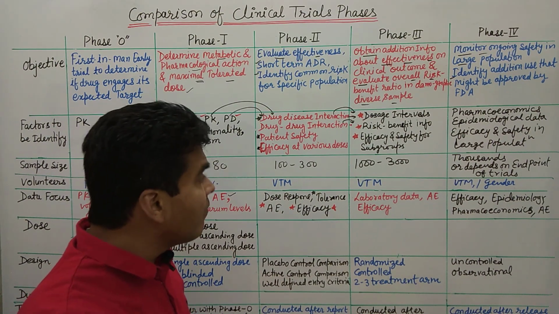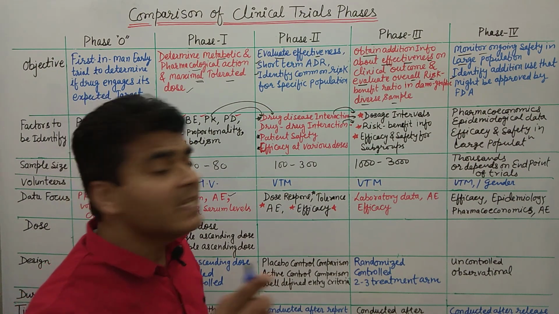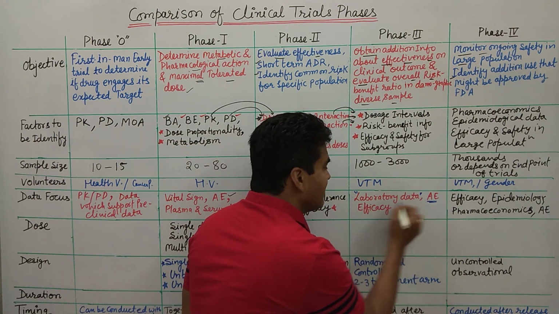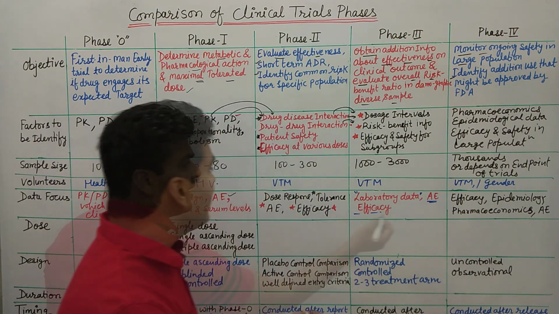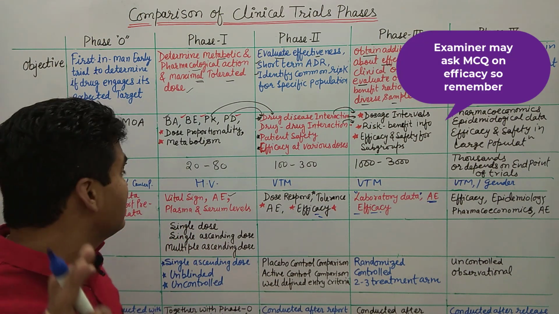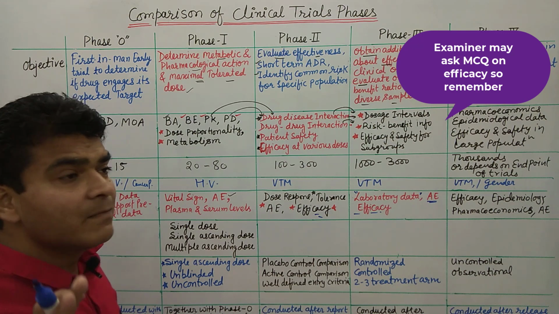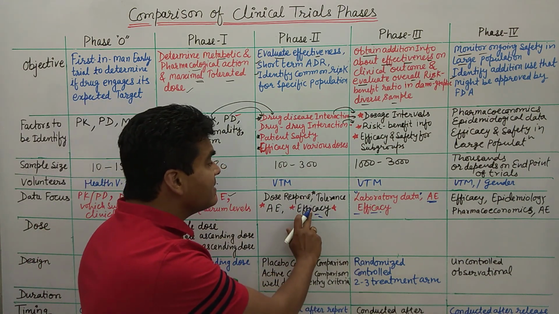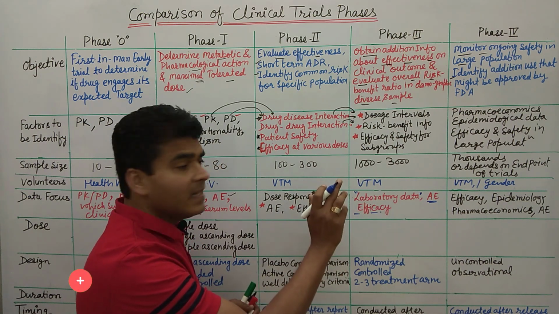Then which type of data are we looking for in phase 3? We are taking laboratory data, adverse events and efficacy. So remember that adverse events and efficacy we are looking for in phase 2 and phase 3 trials, that is important. So phase 2 onwards we are looking for efficacy and adverse events, clear everyone.